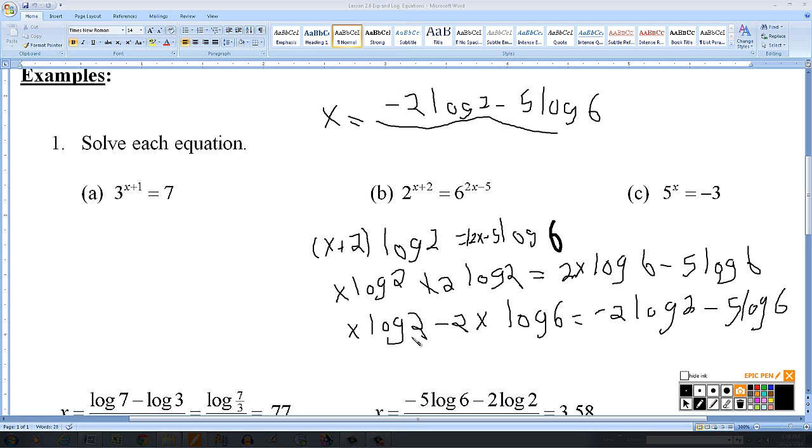So this will be divided by the log of 2 minus 2 log of 6.